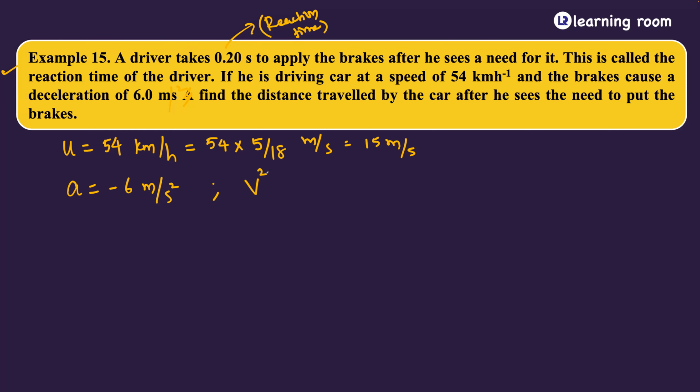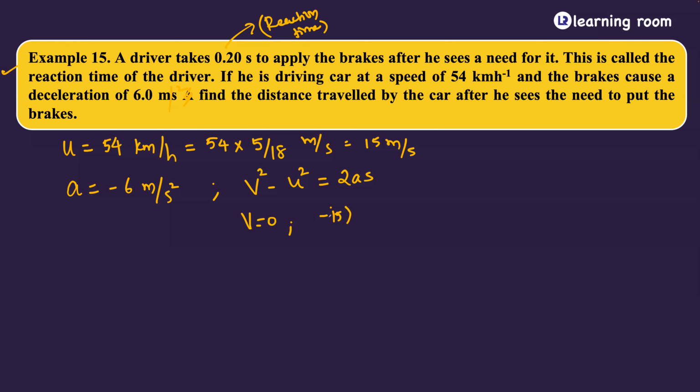So it will be V square minus U square is equal to 2as, because time is not there in this problem. So when he applies the brake, how much will be the distance that he has traveled? V will be equal to 0 because obviously the car would have come to rest. U is known. How much is U? 15.